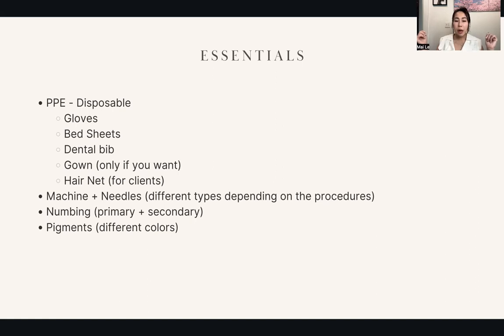You would need obviously your machine. I would recommend having two machines just in case, because if you accidentally drop one, you have another one on hand. Remember, once you drop the machine, it doesn't perform as well anymore, because the motor in there does not work correctly anymore.